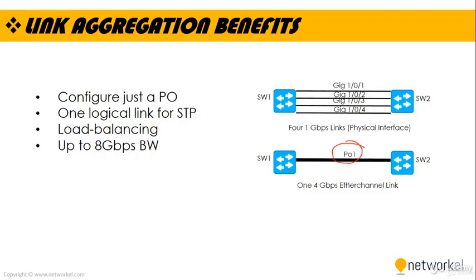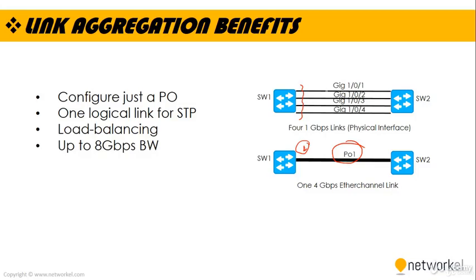First, you configure just a PO port channel interface instead of configuring 4 separate links, as you can see here. Secondly, EtherChannel is just one logical link for STP, spanning tree protocol.